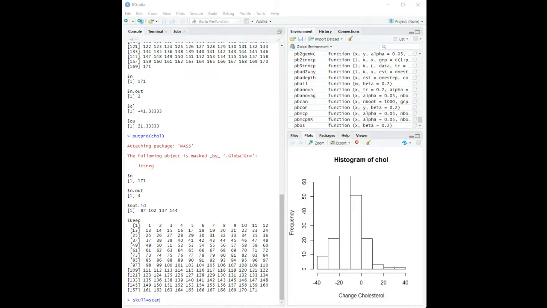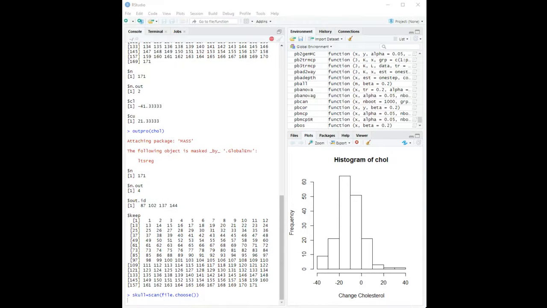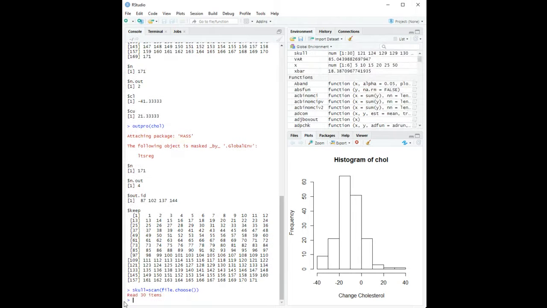Skull height data, right? Yeah. So I'm gonna go ahead and just go to that website and just right click, save link as. I'm gonna save it in the downloads, and then I'm gonna go back in here, file.choose, to open up that window for me, and I'm just gonna download that. Okay, so it's 330 items. And now we're gonna go ahead and do the same thing.